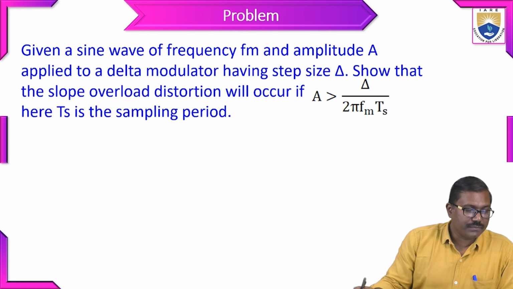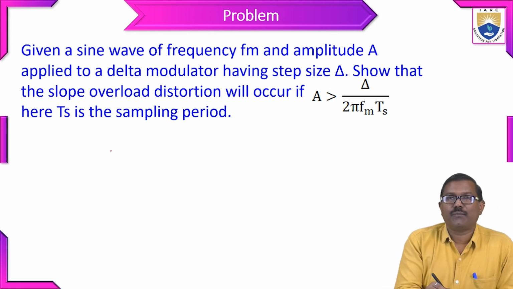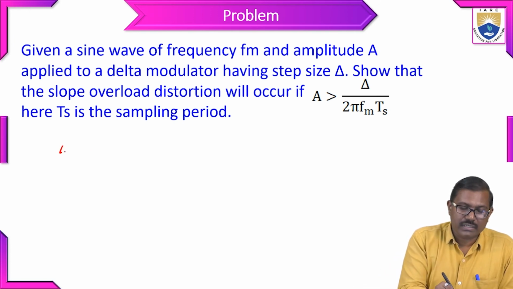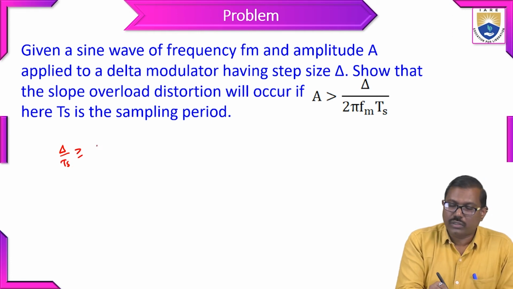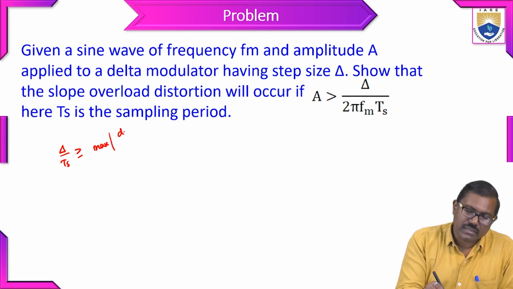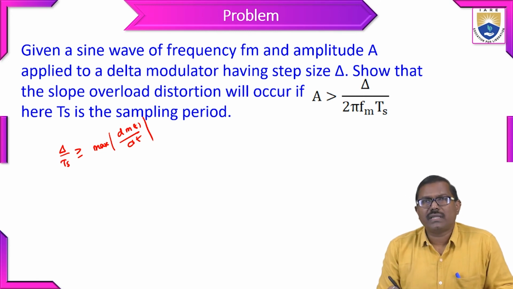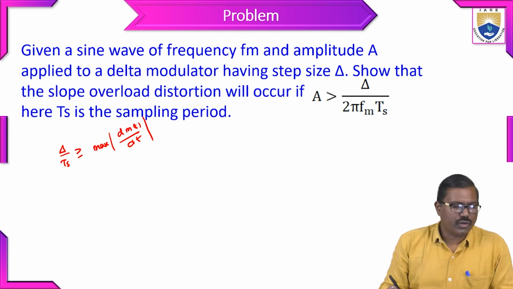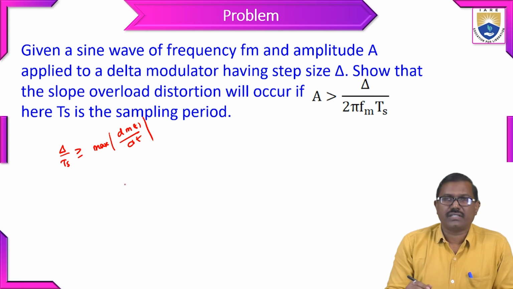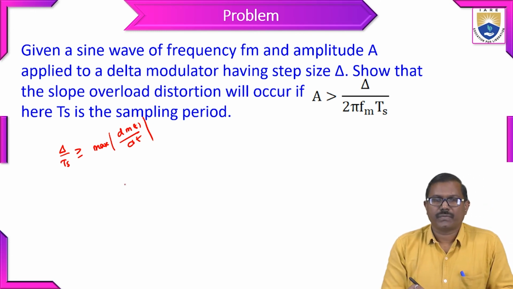The slope of the delta modulator, delta by Ts, greater than or equal to the maximum slope of the message signal, is the condition to avoid the slope overload.